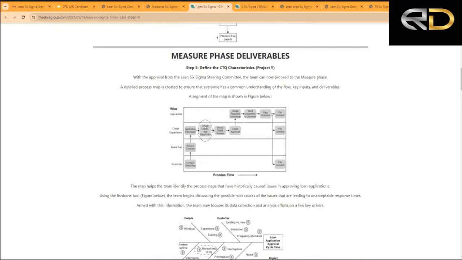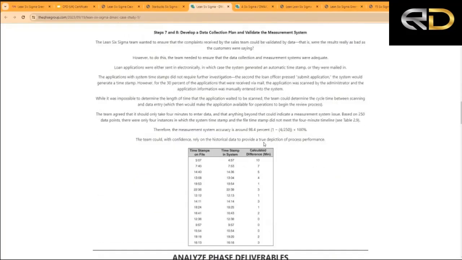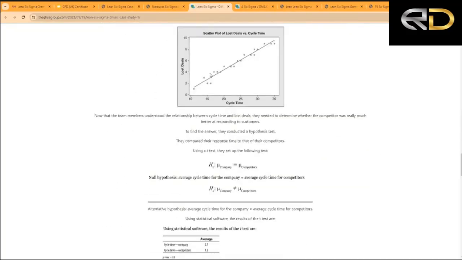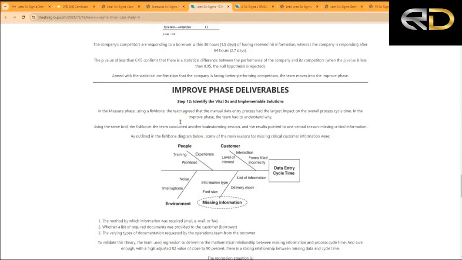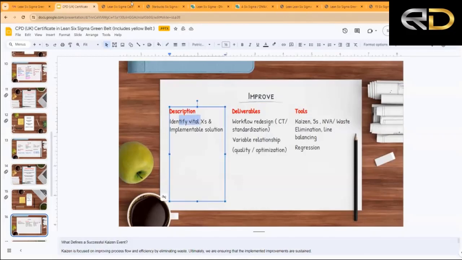Missing information during credit check and application data entry is why some files are being rejected and some are being delayed. So what exactly are the features? Because, as we say here, you have to identify these vital axes, like the features and the characteristic.